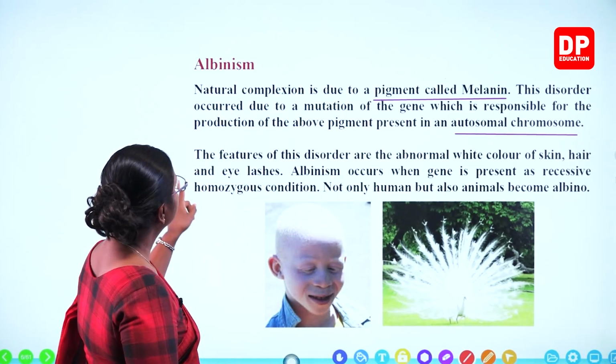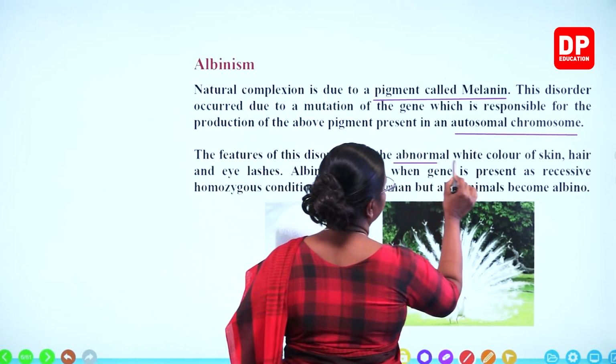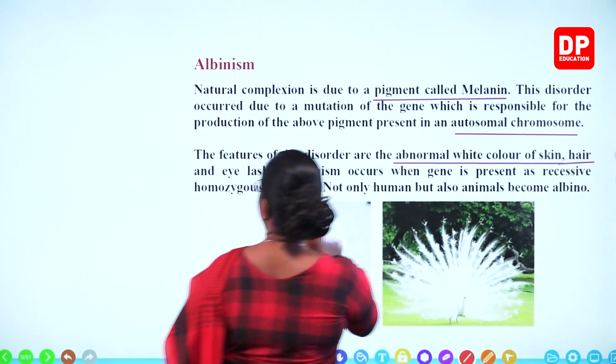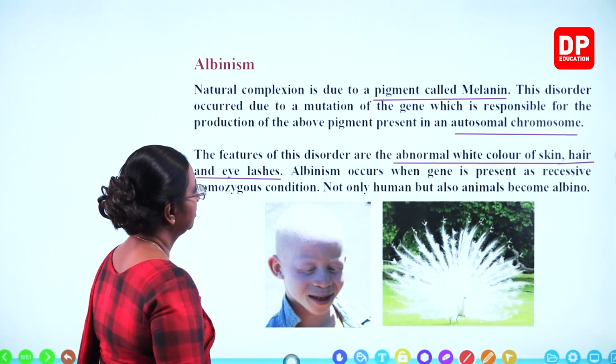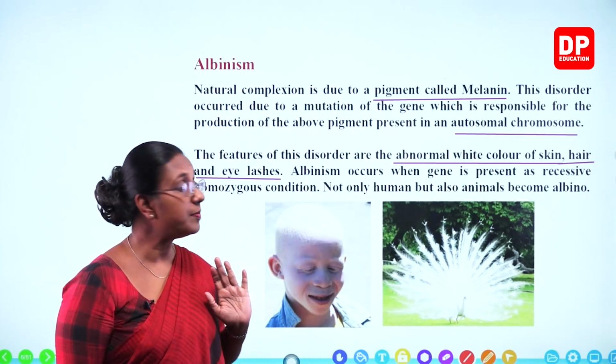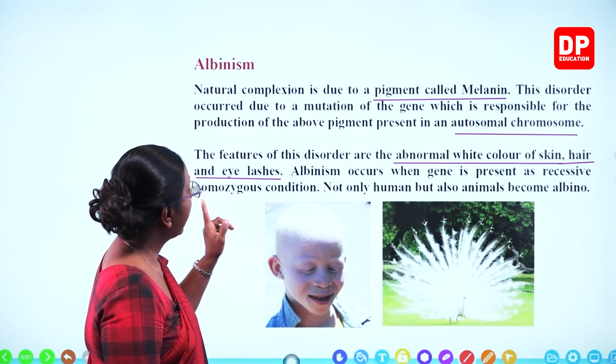So the features of this disorder are the abnormal white color of skin, hair, and eyelashes. It is an abnormal white color, not the fair skin.